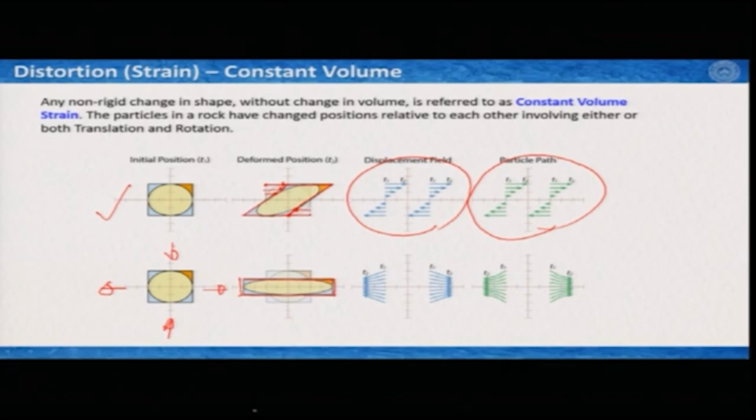And in this case the displacement field would look like this, converging towards the extensional side, and particle paths are very similar, but they are curved because this point did not move following a straight line, but it moved along a curved line, and therefore particle paths for this type of deformation are a little curved.